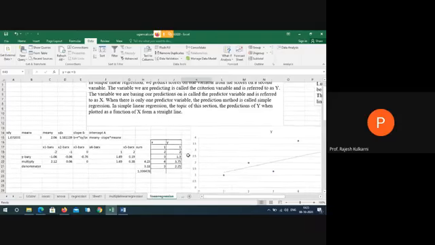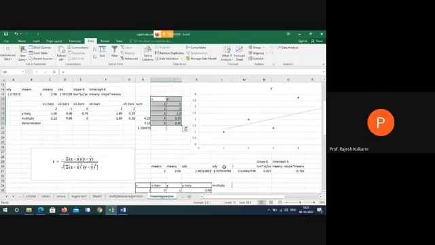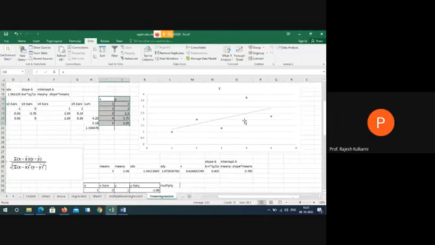We had taken this data x and y, and we had plotted this graph, and this is called a regression line, which is the best fitting line. And these are the errors, because the points are not on the line, but they are near the line. The gap between the point and the line is called the error.